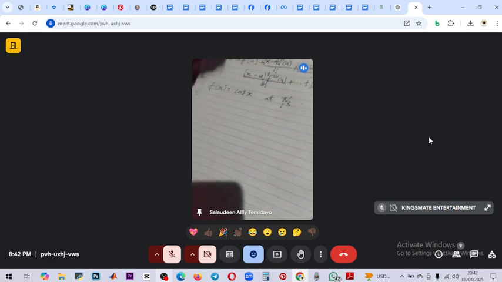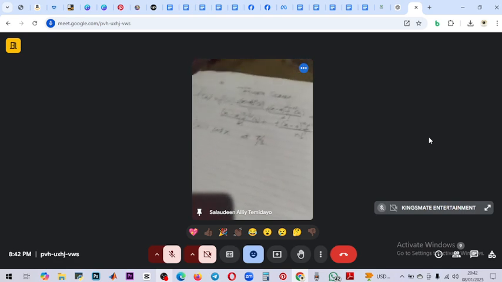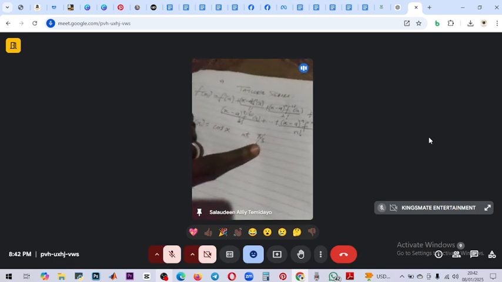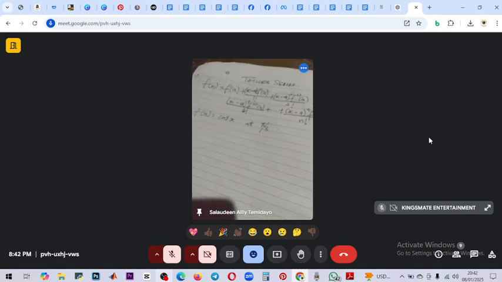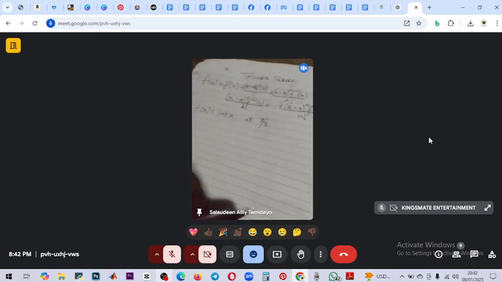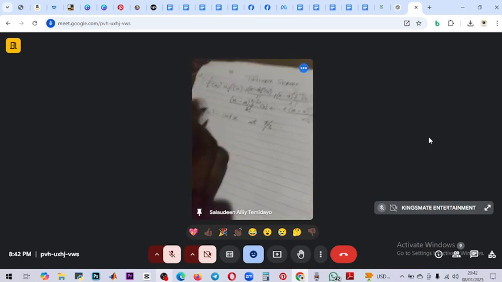In this case, my a is given as pi over 3, and my f of x is given as cosine x. So I just need to write the Taylor series and use it to evaluate.